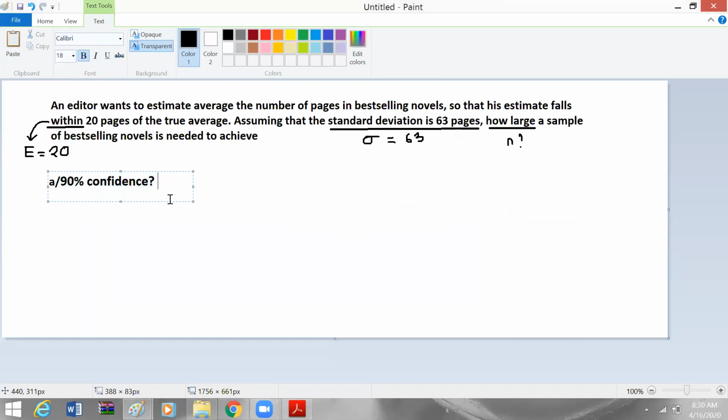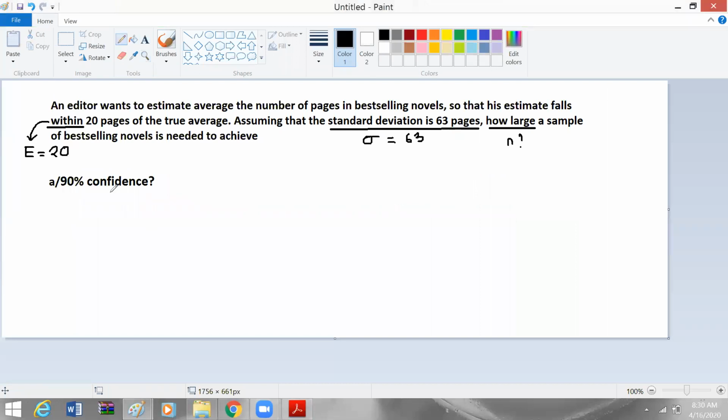So how can we compute that? The confidence interval will be called CI, and the CI that we have is 90%. What we need to do is apply the formula. There's just one single formula for this part. We don't have to use 10 or 20 formulas.